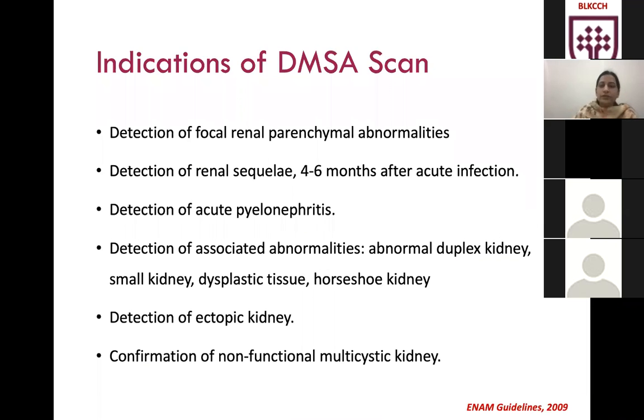So just to review the indications: detection of focal renal parenchymal abnormalities after UTI; detection of acute pyelonephritis is no longer indicated; detection of associated anomalies like abnormal duplex kidney, small kidney, dysplastic or horseshoe kidney; and confirmation of a non-functional multicystic kidney. These are largely the guidelines given by the European Association of Nuclear Medicine.